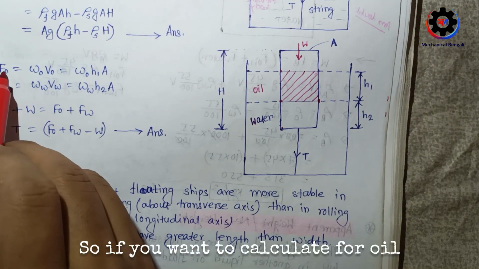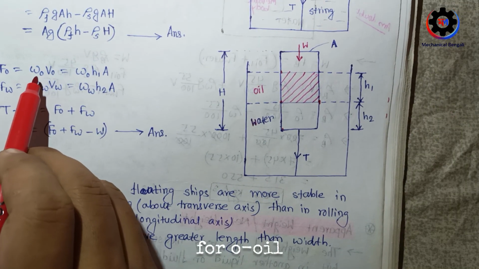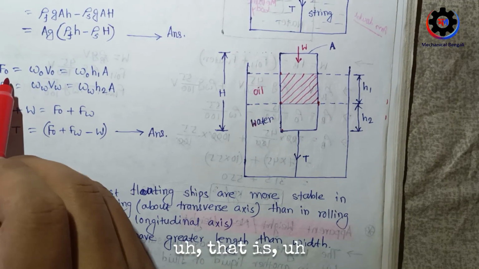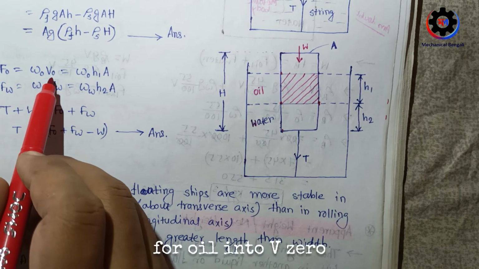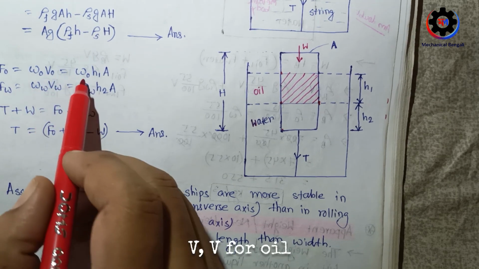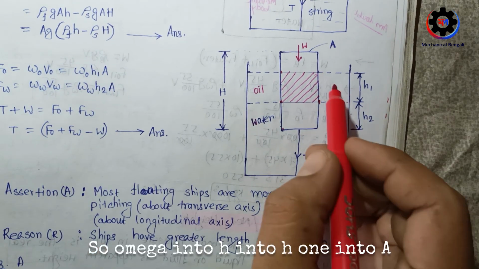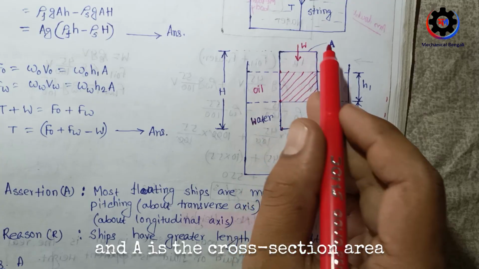If you want to calculate for oil, the buoyancy force for oil is omega of oil into V of oil, so omega oil into H1 into A. H1 is the height and A is the cross section area.